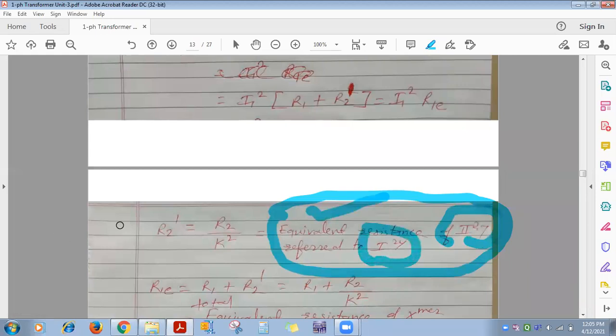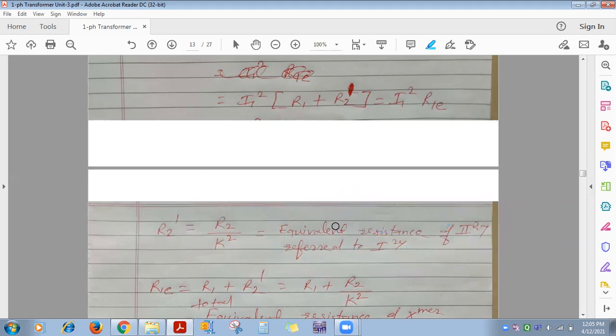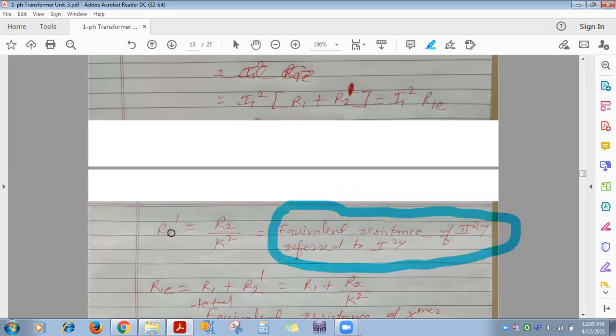That means R2 dash, and R2 dash is R2 by K square. R2 value will be given to you. K also you can calculate by taking N2 by N1 or E2 by E1 or V2 by V1. Then just do R2 by K square and that will be R2 dash. It is the equivalent resistance of secondary.